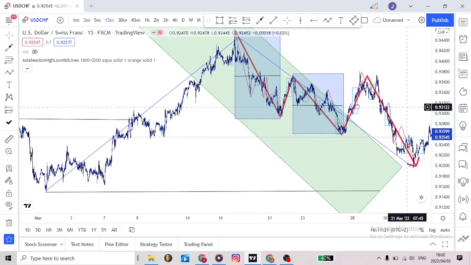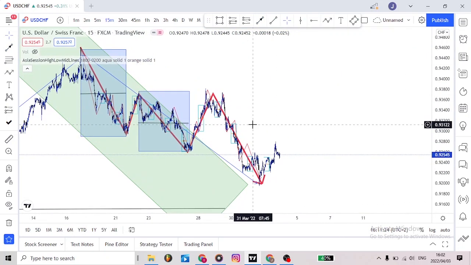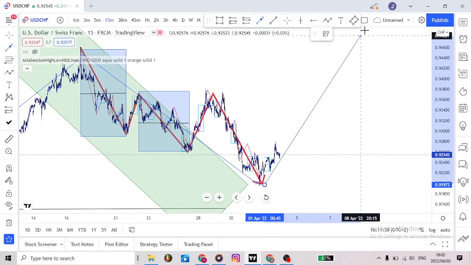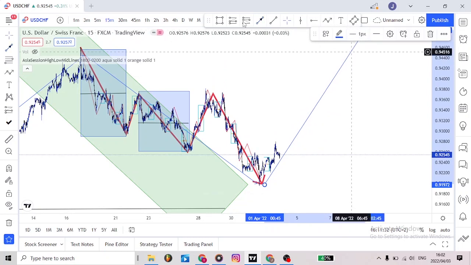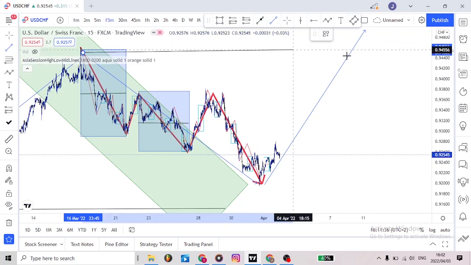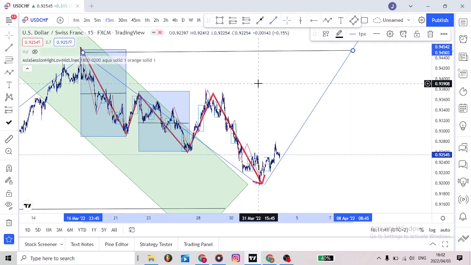Now it simply means in the following week, or 2 weeks or 3, we might expect to see the market continue pushing up, taking this high here. So we were in a downtrend within an uptrend on a bigger time frame.